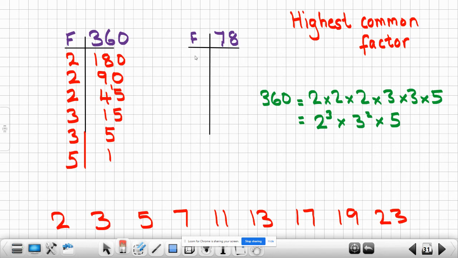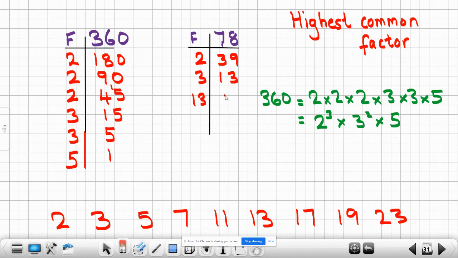Good. Let's go back to red and let's do the second number, which is 78. 78 is even, so we can take out a prime factor of 2. If we divide by 2, we are going to get 39. 39, no longer even, but we can take out a factor of 3. 39 divided by 3 will give us 13. 13 is prime, so we can take that out.